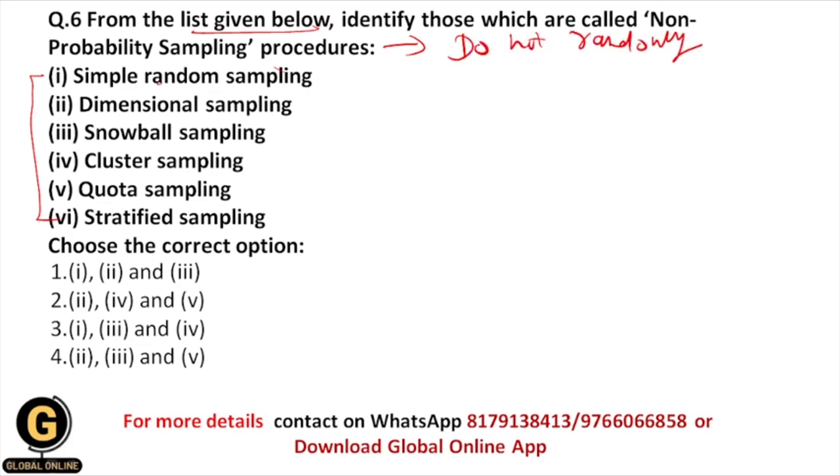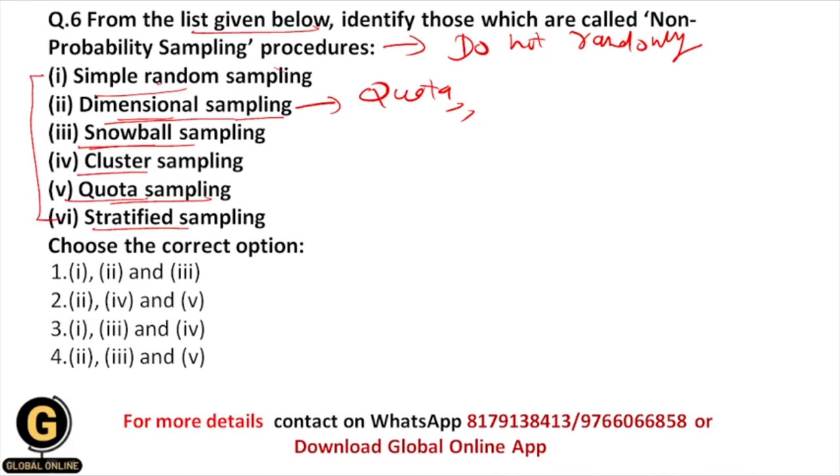Let us see the different sampling procedures here: simple random sampling, dimensional sampling, snowball sampling, cluster sampling, quota sampling, stratified sampling. From these, dimensional sampling, snowball sampling and quota sampling are the non-probability sampling procedures. Dimensional sampling is the extension of quota sampling, and here participants get selected because they have particular characteristics.